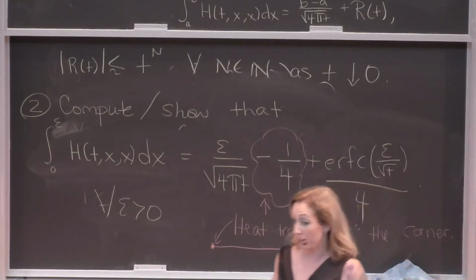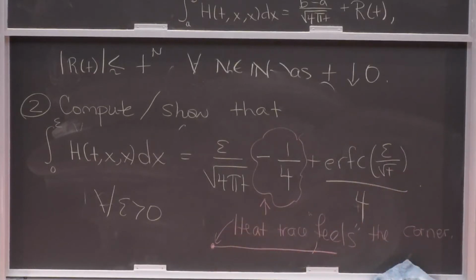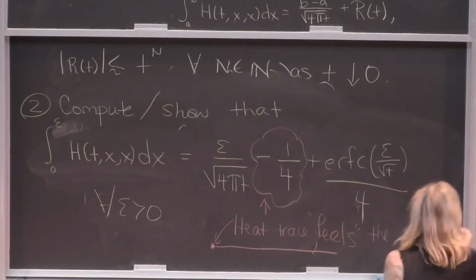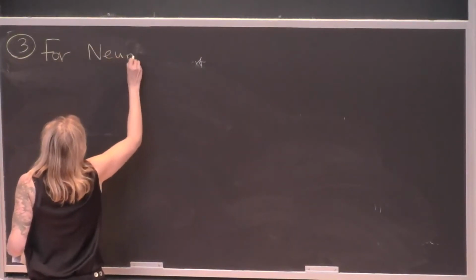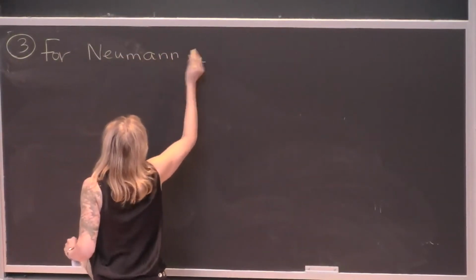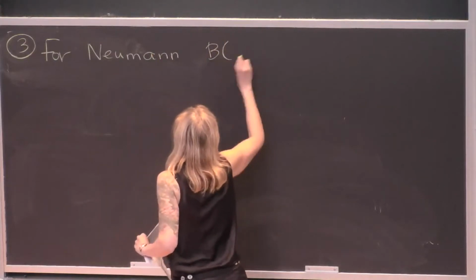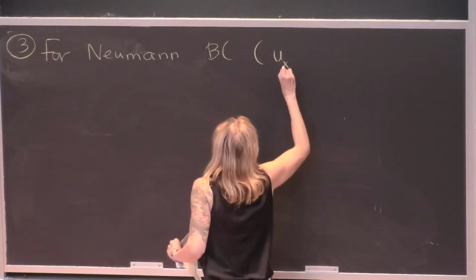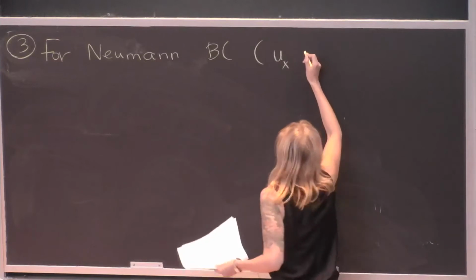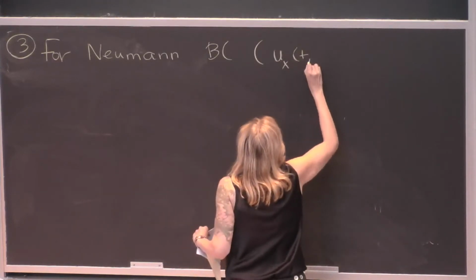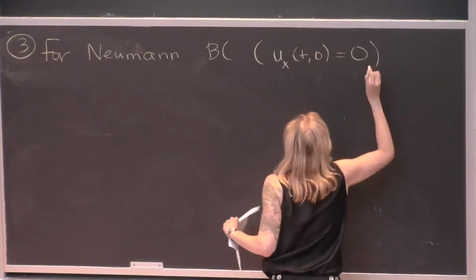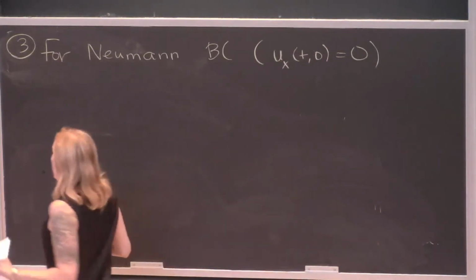So we could also do this. This will be another exercise. So for the Neumann boundary condition, exercise number 3, that's just requiring the derivative to be 0 rather than the function to be 0, which corresponds physically to an insulated boundary.